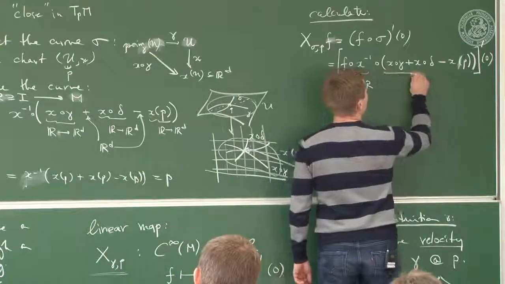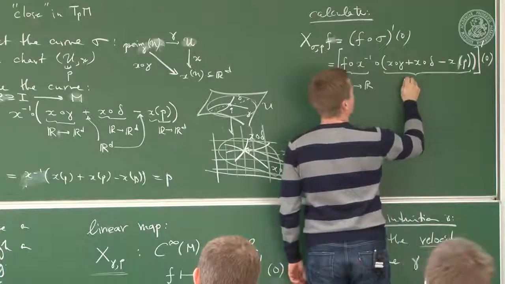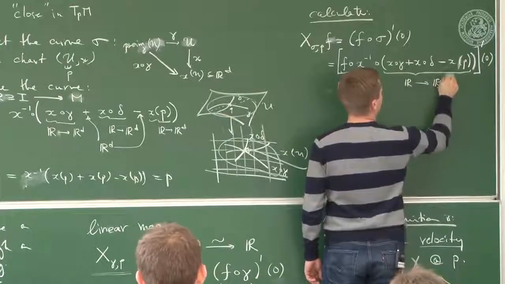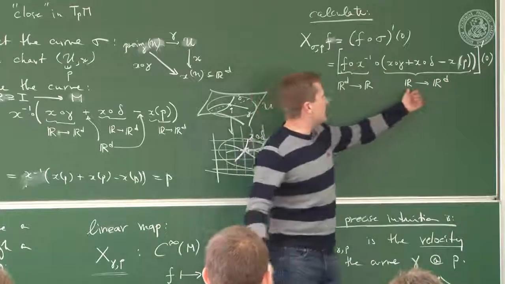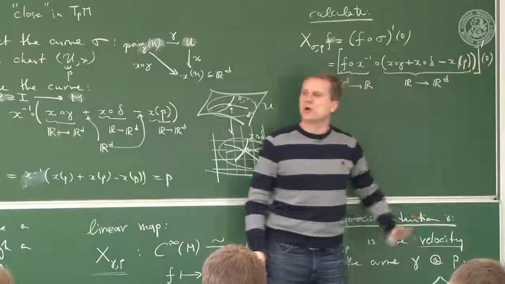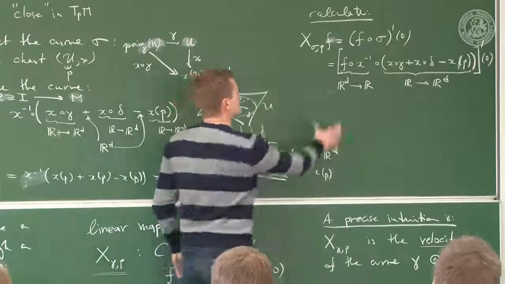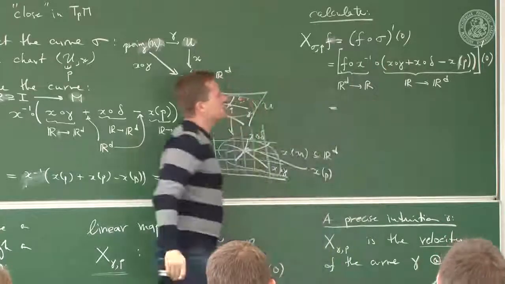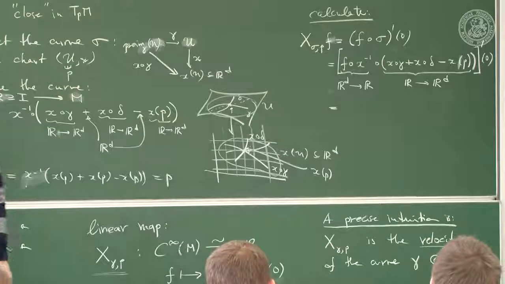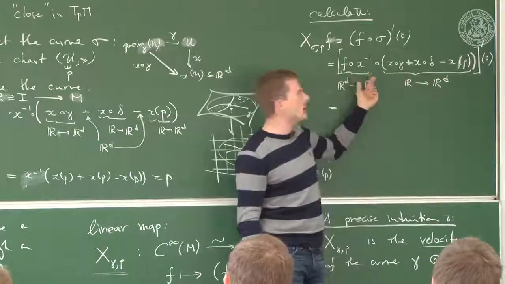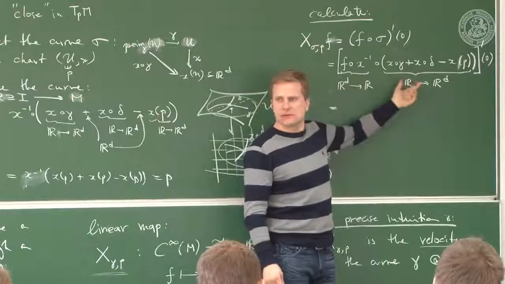And this whole guy, we figured out before, is a map from R to RD, correct? Yes, from R to RD, and that's fine. You can take it R to RD, and then afterwards you do RD to R, and then you derive the whole thing. So it's one such map after another such map, and that means you can use the chain rule for this derivative. You have a composition of two maps over RD to R and so on.